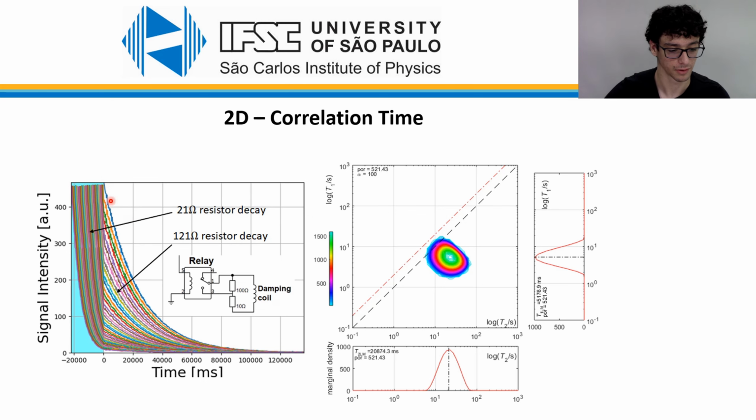So here we can see the amplitude was modulated by the first decay, which was the 10 ohm resistor, and then it was modulated by the 110 ohm resistor decay. And what we can see doing an inverse Laplace transform is that we observe the two decays. The first decay appears right here, and the second decay appears right here.